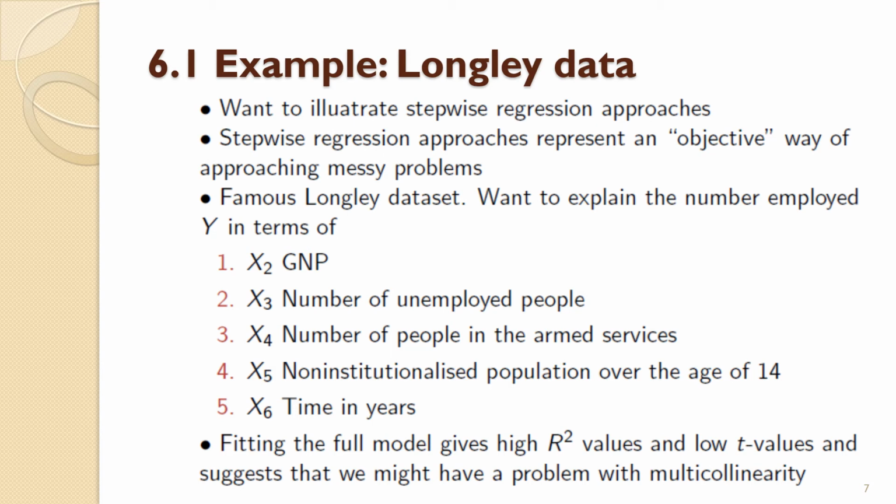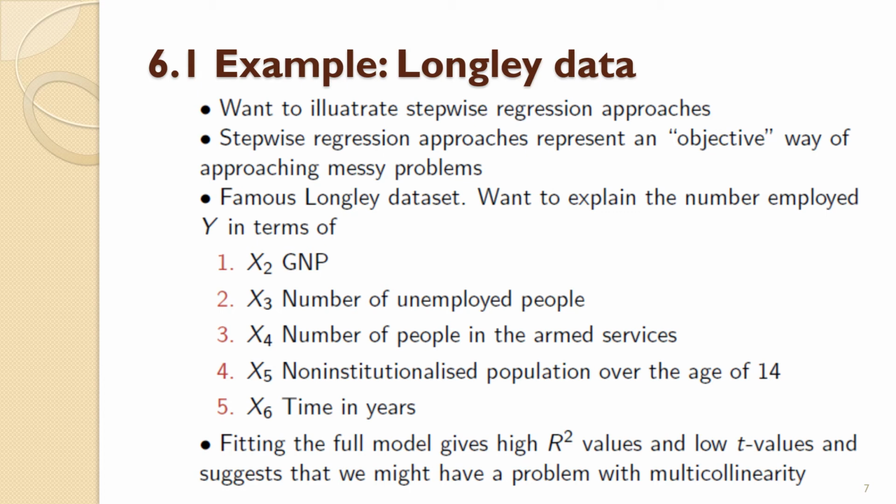Now, as I said before, when you're bearing this problem of multicollinearity in mind, the thing to watch for here is high R squared values and low t values. So indeed, if you fit the full model with all these x variables in it, you get precisely this thing here, high R squared values and low t values, which is the indication that you've got a problem with multicollinearity.